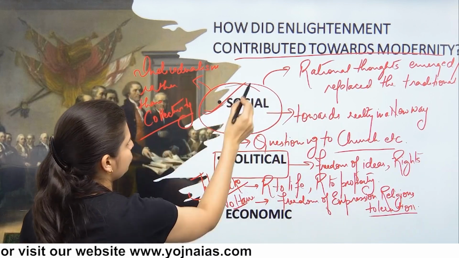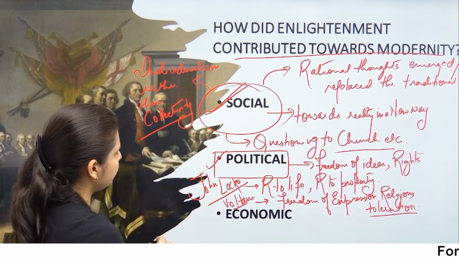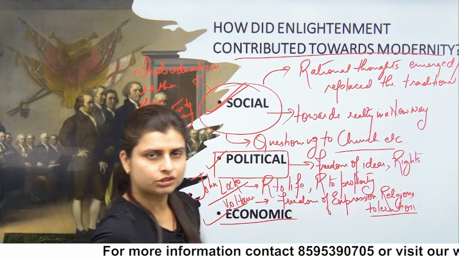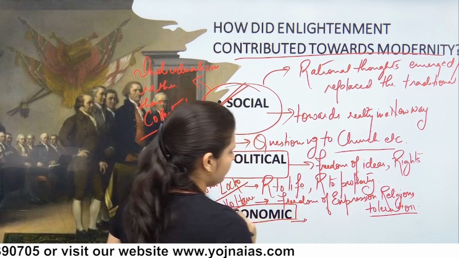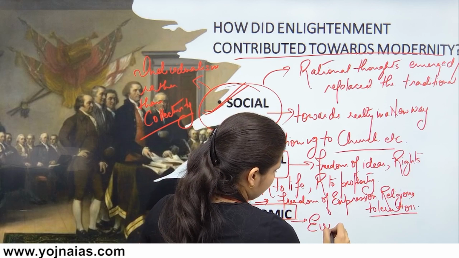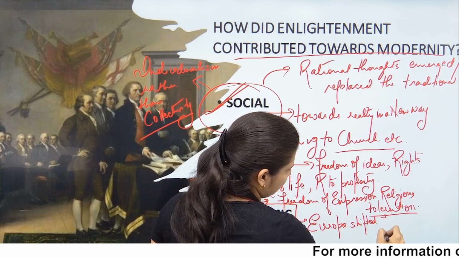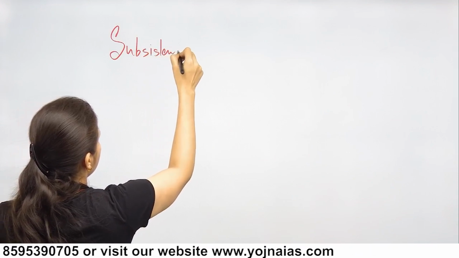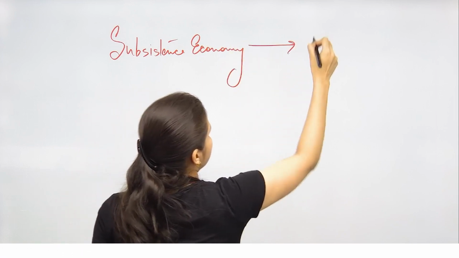So this was how the social and political contributions were made towards modernity. Now comes the economic factor. How did economic change contribute to modernity in Europe? Europe shifted from a subsistence economy to a dynamic economy.